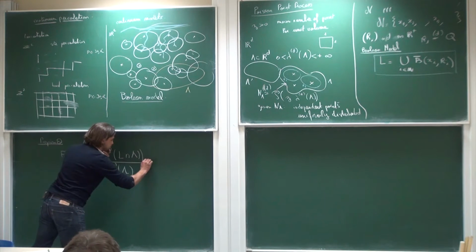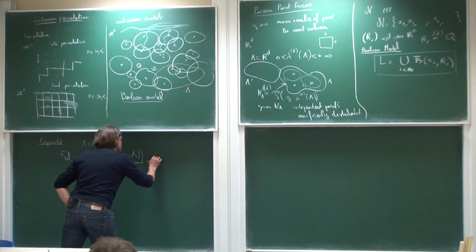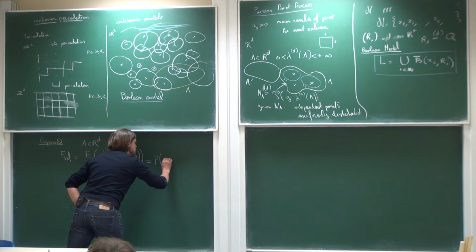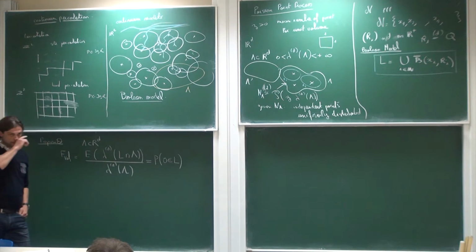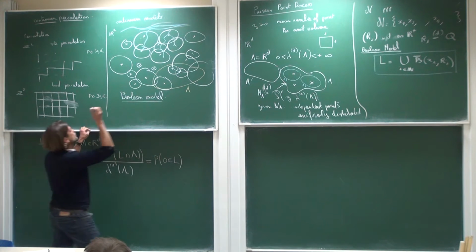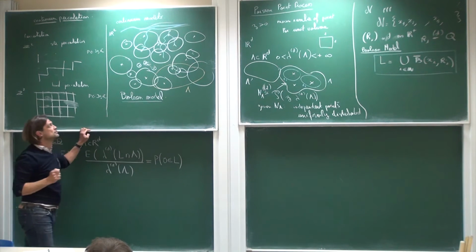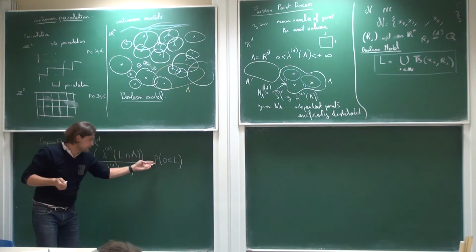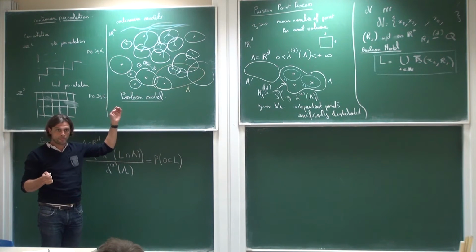We can prove that this quantity, by a stationarity argument, is just equal to the probability that 0 belongs to L. Fix the point 0 somewhere here, and just consider the probability that 0 belongs to L. For any big Lambda?